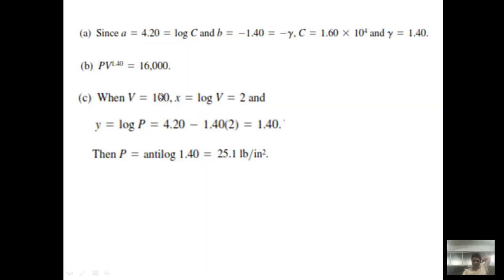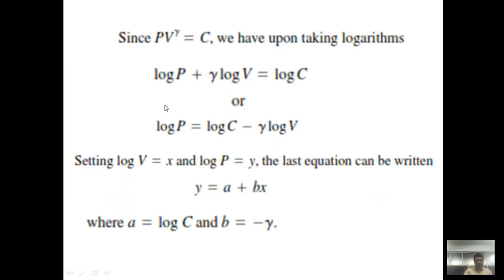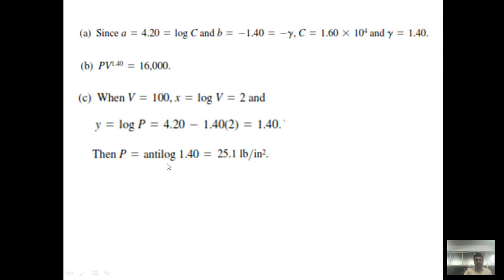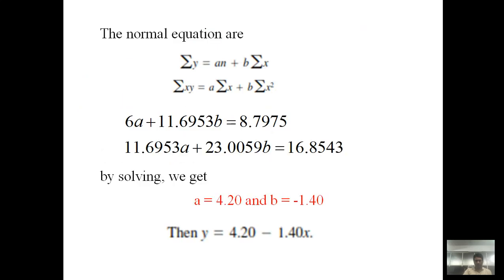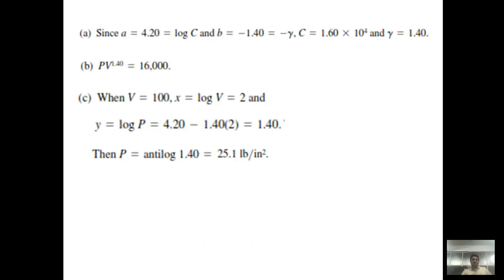So when V is equal to 100, we know the transformation log of V is equal to X. So we plug in the value of V, that is log 100, and by solving that we get the value of X is 2.